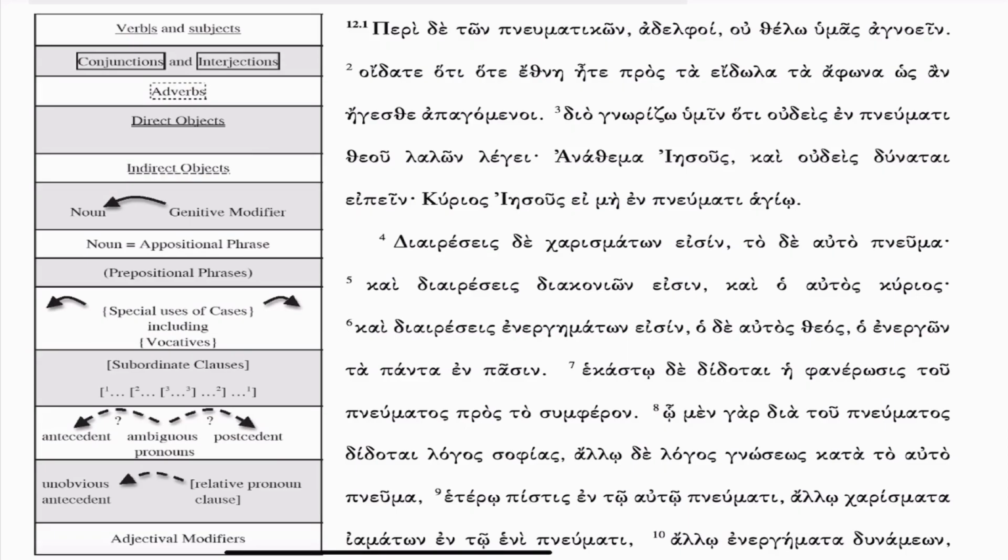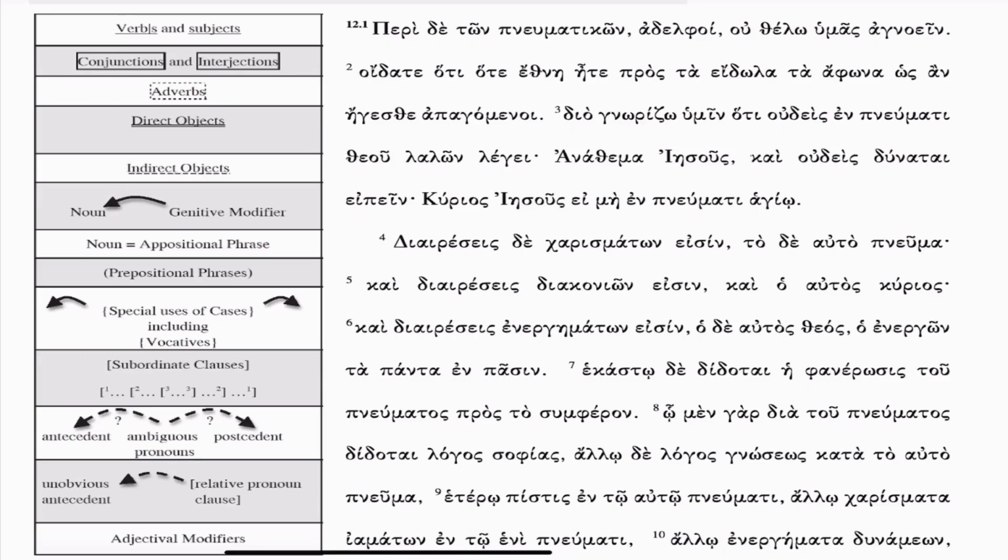Now, you can see the legend on the left of how to mark things up, and I'm going to produce a course for Glossa House, and that'll be available maybe within the next month or two on how to do this, but I'm going to explain it as we do it.